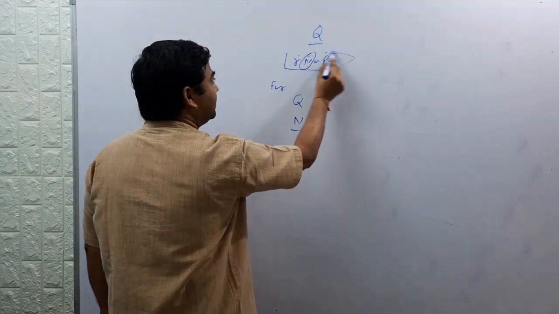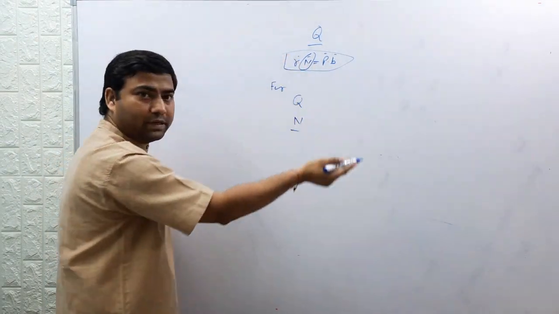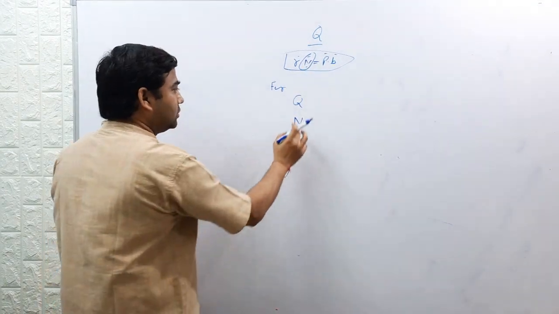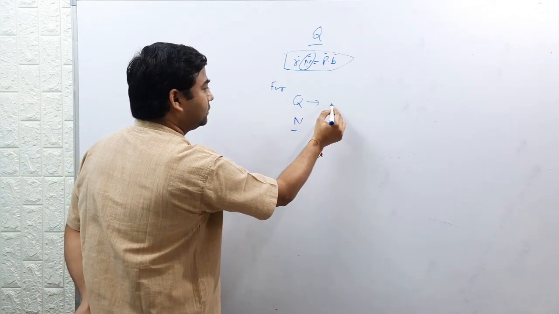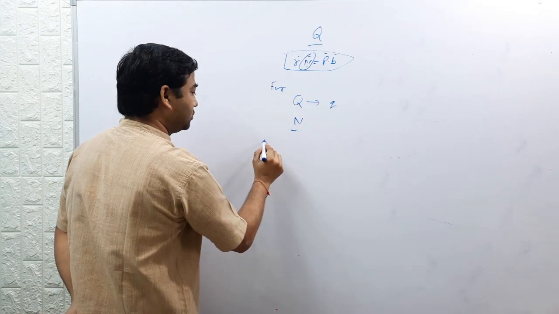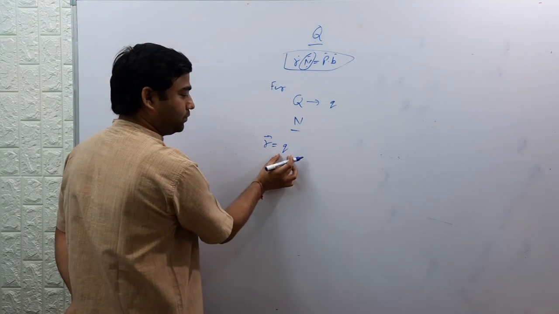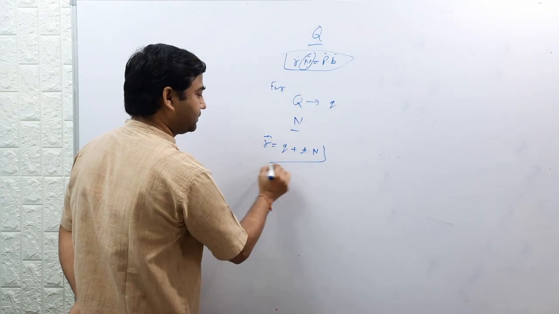This is the plane, n is perpendicular to the plane, and the line is also perpendicular to the plane. Hence, the line is parallel to vector n. So we got a vector and a point Q. Let the position vector of Q be q.